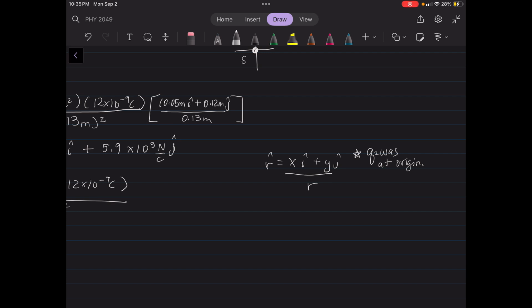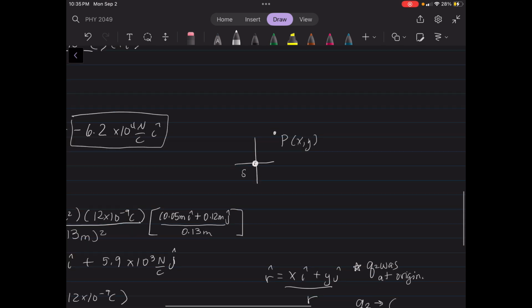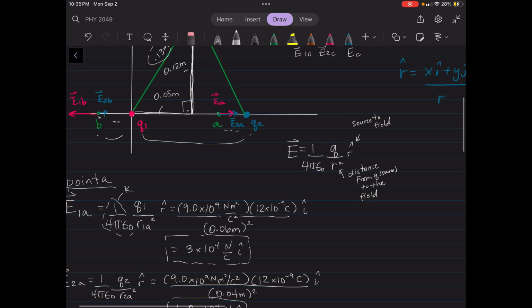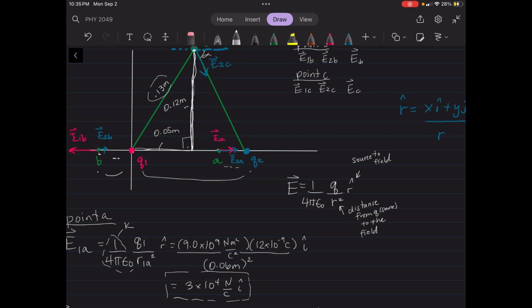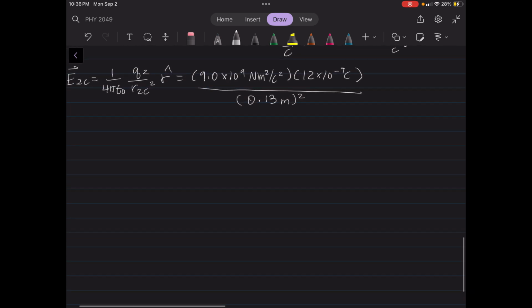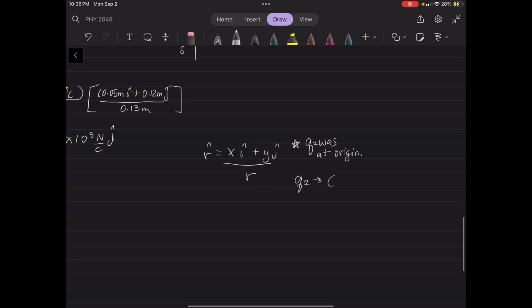Q2 is not the origin, right? Where is Q2? Q2 is at 10 centimeters in the x and 0 in the y. Those are the coordinates of Q2.